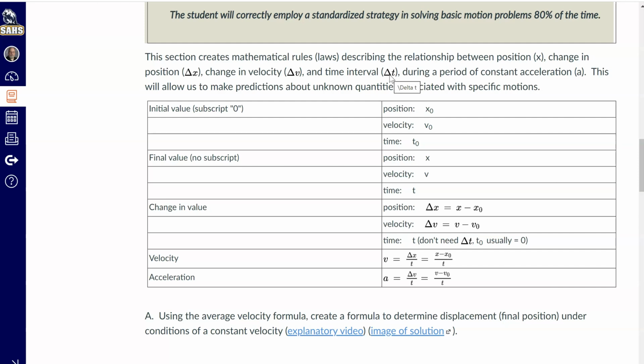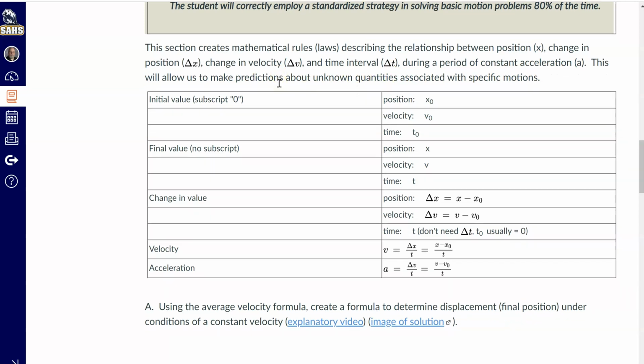So constant velocity and constant acceleration, these are two different things, right? Don't get those mixed up. But the only scenario where we'll look at acceleration is where the acceleration is constant. And this allows us to make predictions about unknown quantities associated with specific motions.